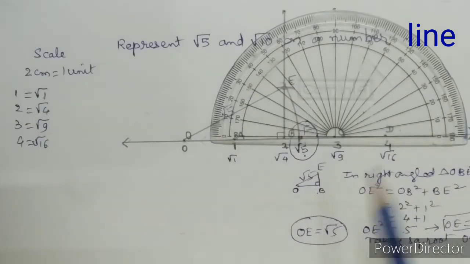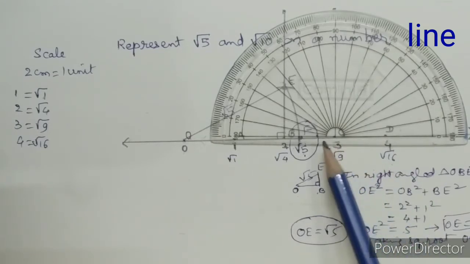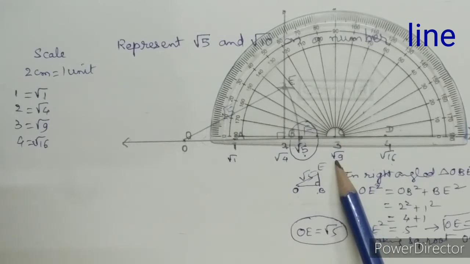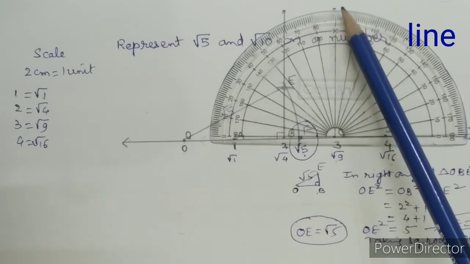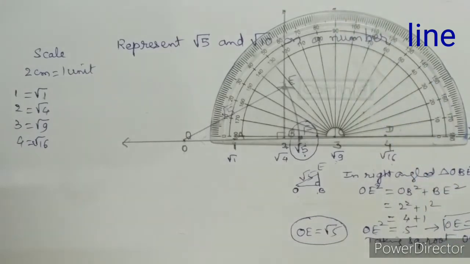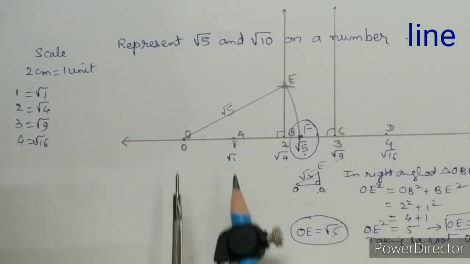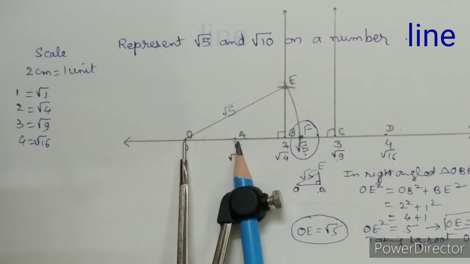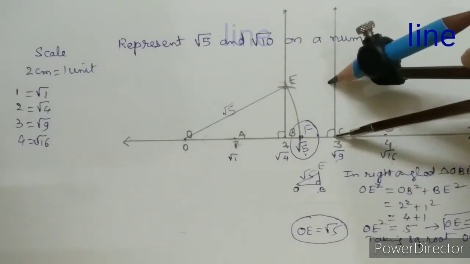As square root 10 lies in between square root 9 and square root 16, therefore here I place this protractor at point C. It denotes square root 9, and here I have taken a point at 90 degree to draw perpendicular at point C. Now perpendicular is drawn at point C. Now take distance of 1 unit between the tips of compass and place the steel tip here at point C. Draw arc.